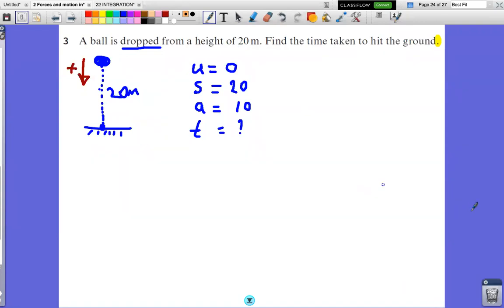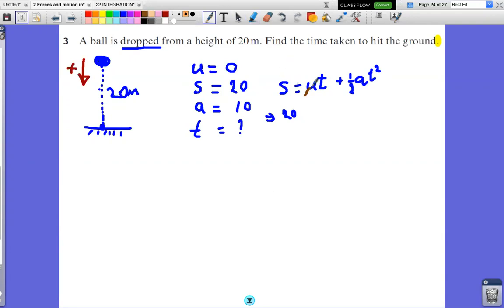S equals ut plus 1/2 a t squared. Yes. That gives us 20.